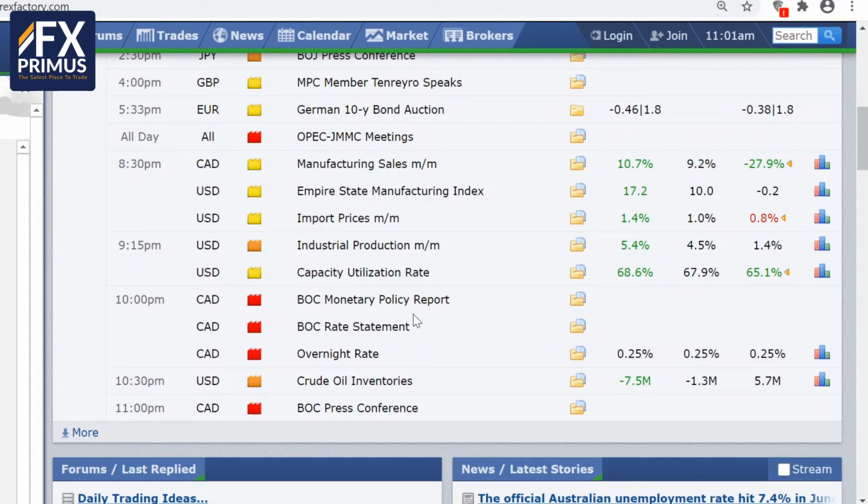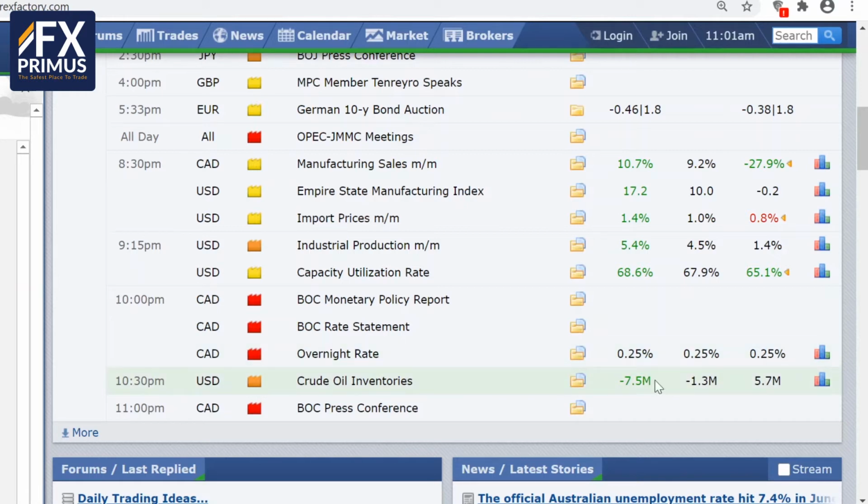So for the monetary policy report and the rate statement, the Bank of Canada maintained their rates at 0.25%, no changes. And the second data which will affect the Canadian dollar would be crude oil inventories, which came in at negative 7.5 million, a contraction of 7.5 million barrels of crude oil, which was way more than the 1.3 million barrels of contraction that the market was expecting.